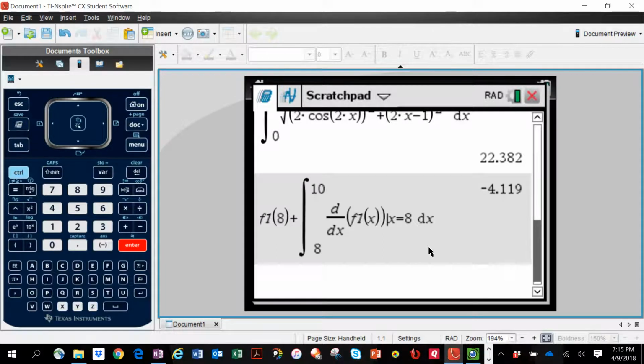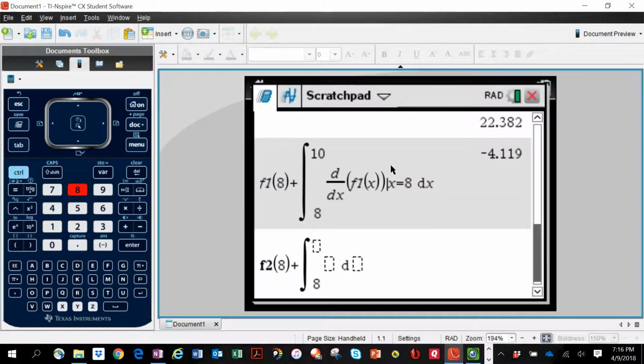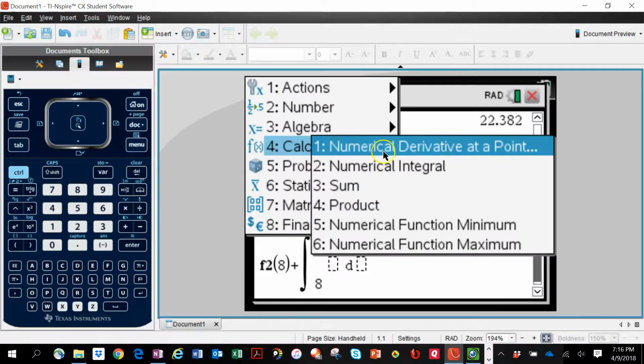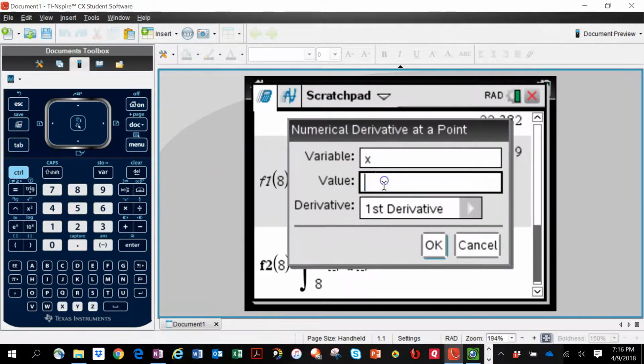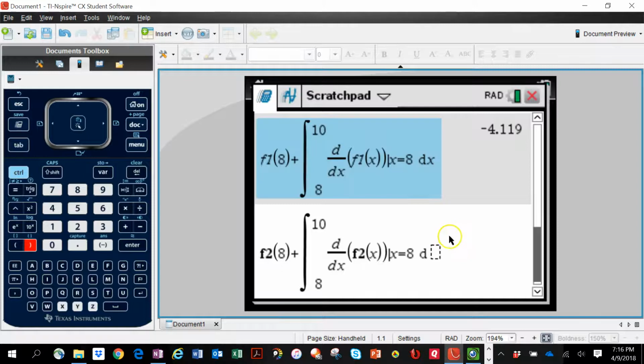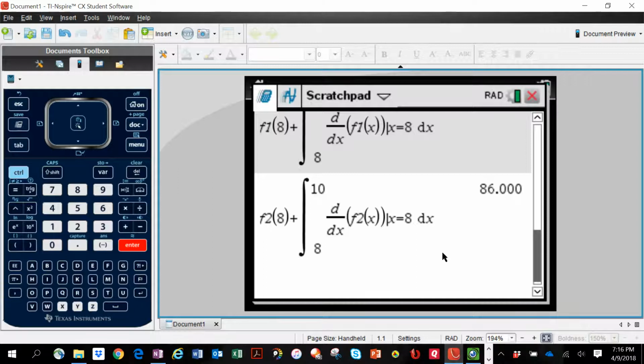And that's going to give me negative 4.119. I'm going to repeat this process for the y-coordinate. So that's f2 of 8 plus menu calculus numerical integral from 8 to 10 of your derivative at time 8 of the y-coordinate, and integrate that with respect to x. And that gives me 86.